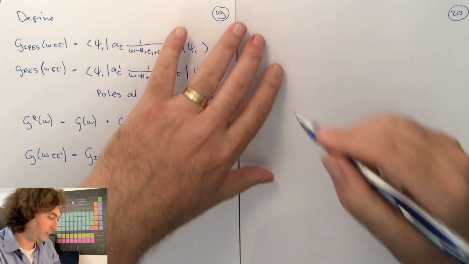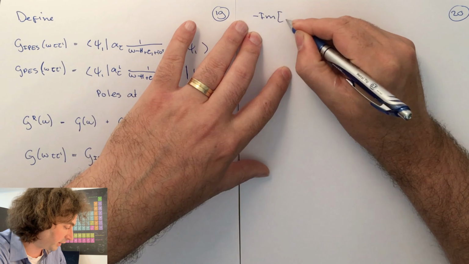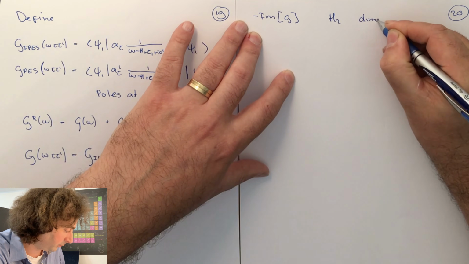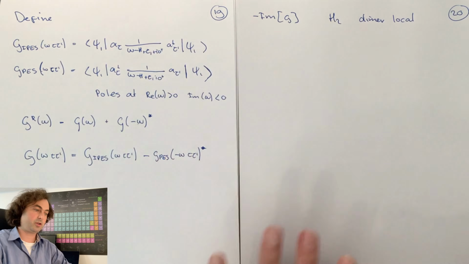Now let's have a look at the Green's function for the hydrogen dimer, the model that we have. And let's have a look at the local Green's function.